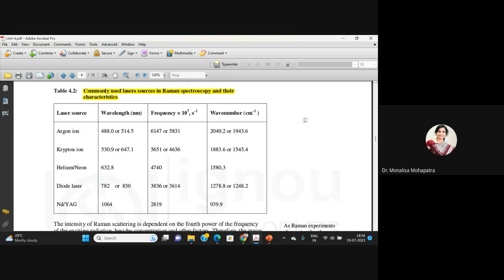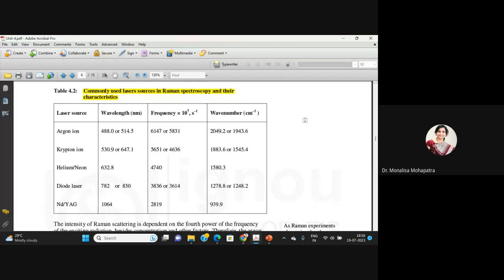But don't think that you can't use a laser for emission spectroscopy, fluorescence, or UV. You can also study them there, but lasers are very, very costly. When we study these theories, there are certain limitations in the practical part also. It should be cost effective and affordable.